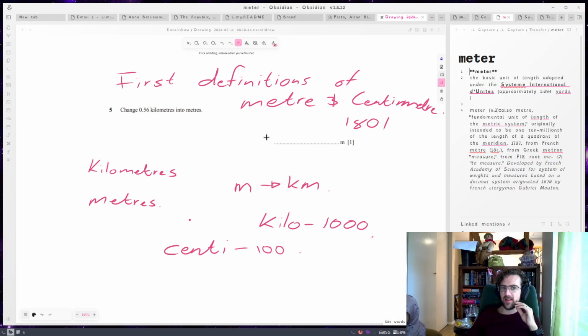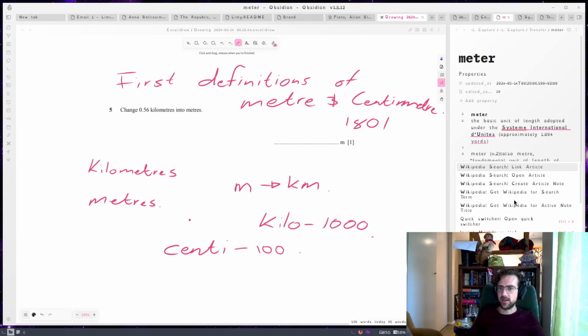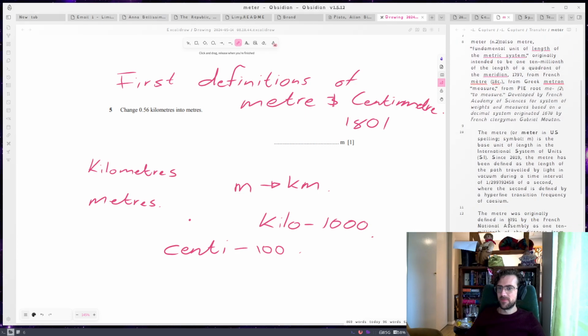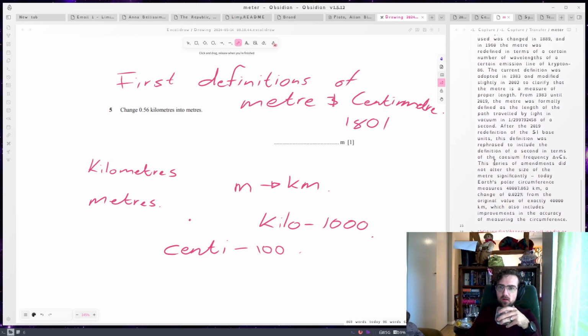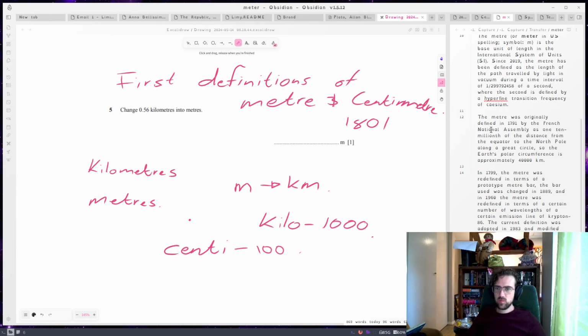Then we're looking at meter. We're looking at the origin of meter. Let's do Wikipedia. This is actually very, very cool. What gives you that introductory part? Yeah.